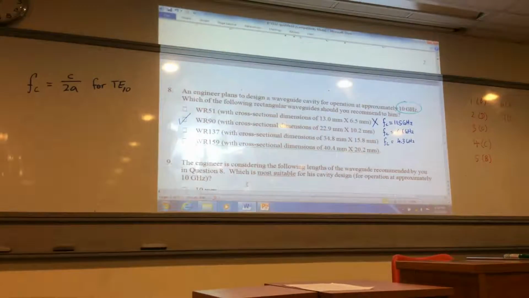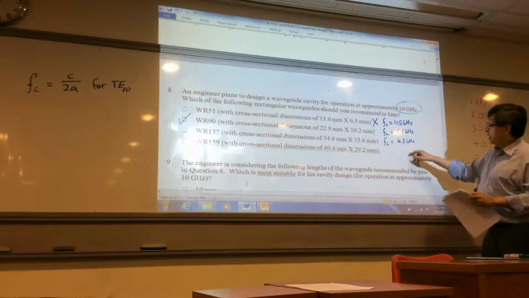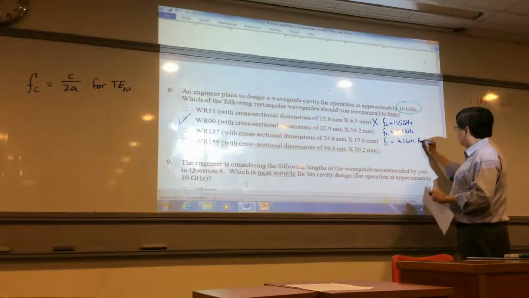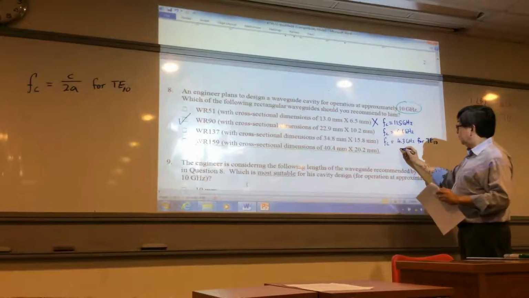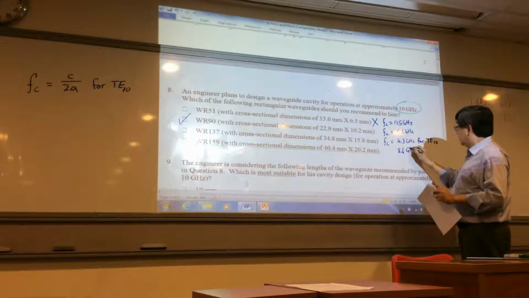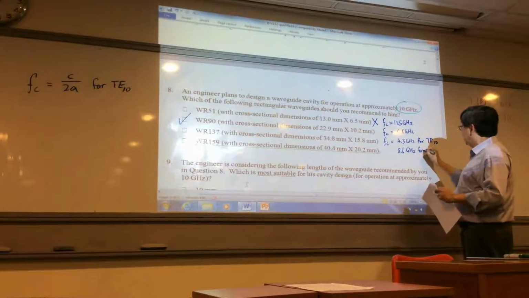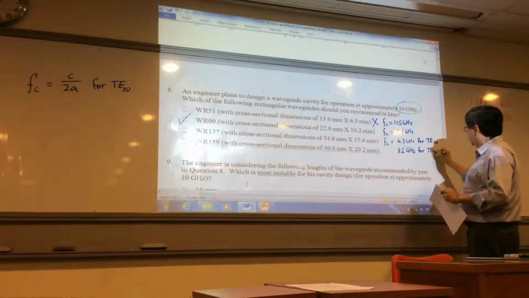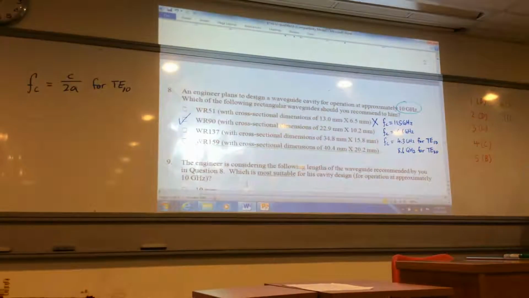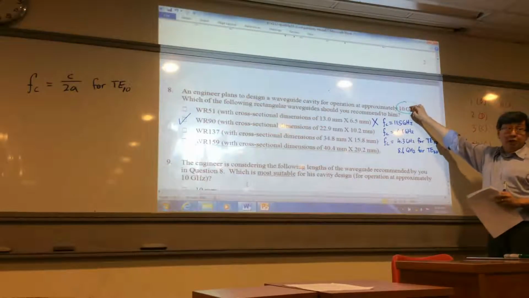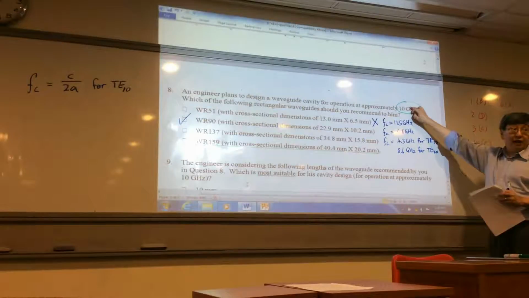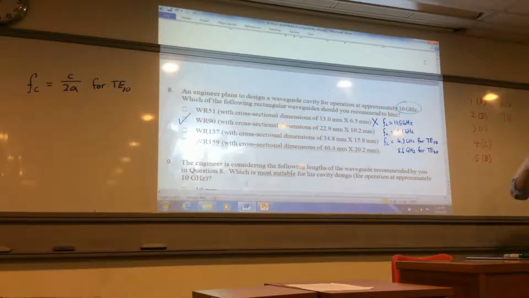Now, if fc is 4.3 gigahertz and this is for TE10, then fc will be 8.6 gigahertz for TE20. So when you want to operate your waveguide at 10 gigahertz, you only want it to operate at the dominant mode.